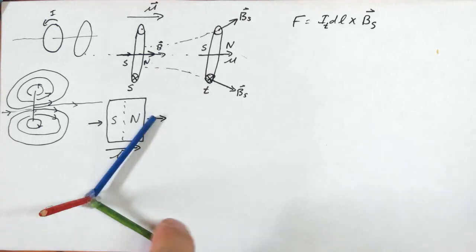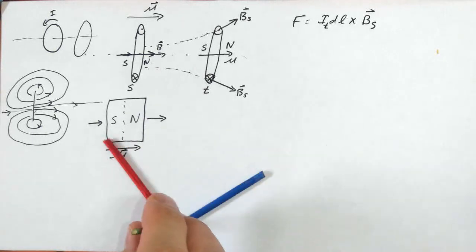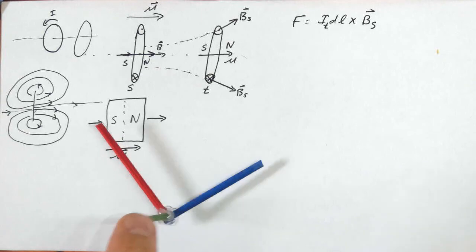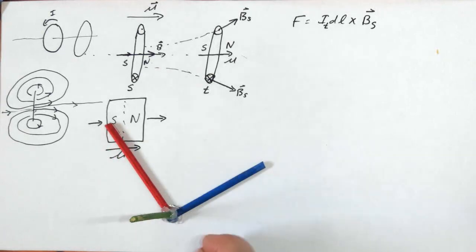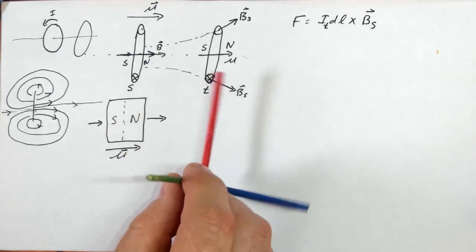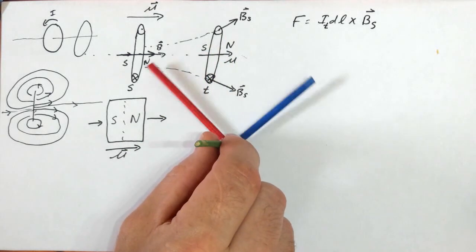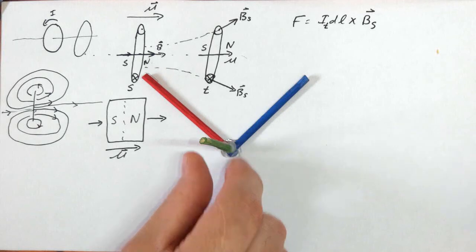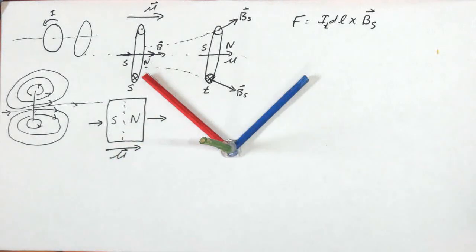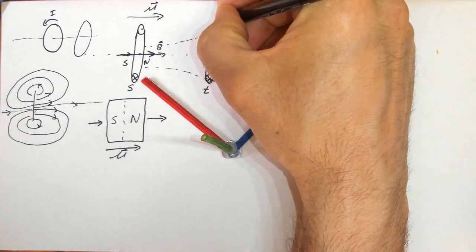That's what we're using, the force law, so it's I L cross B. So I cross B gives you force. Okay, so our current is out of the page at the top, and the B field points at some angle like that, which means my force is going to point like this.